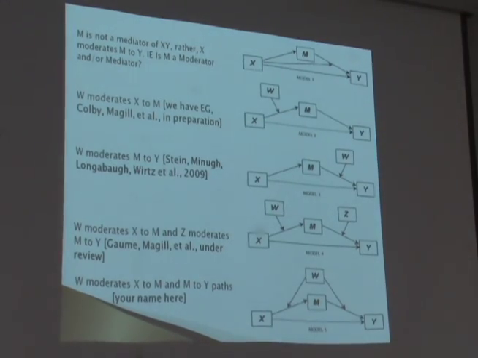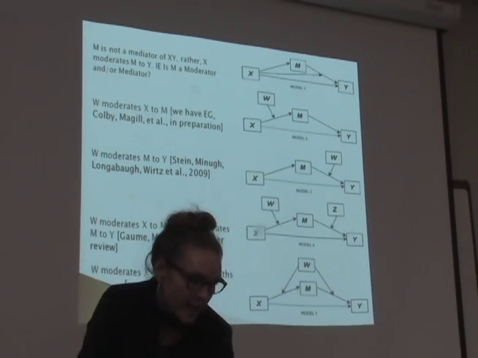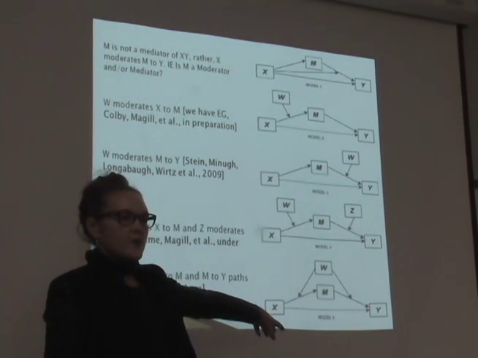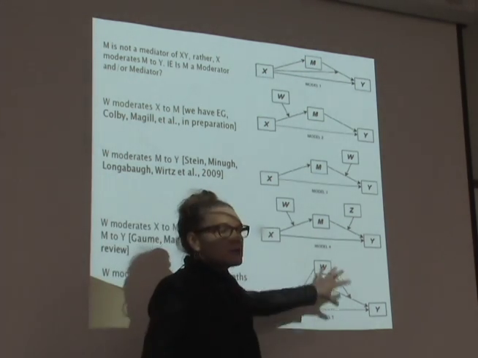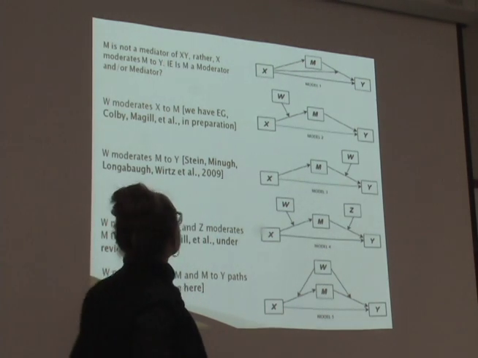Okay, so this is from the Preacher, Rucker, and Hayes paper. These are essentially the 5 different scenarios that you could work with. These are the conceptual models, and then when we go to the next page, I can show you the statistical models.